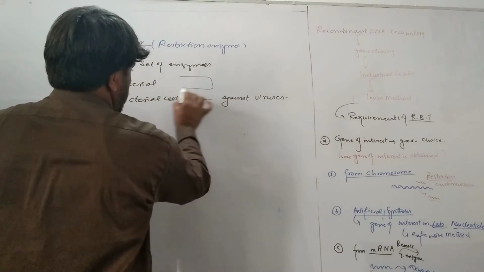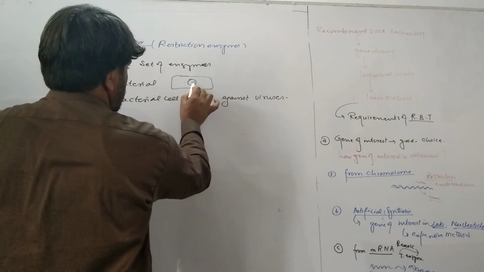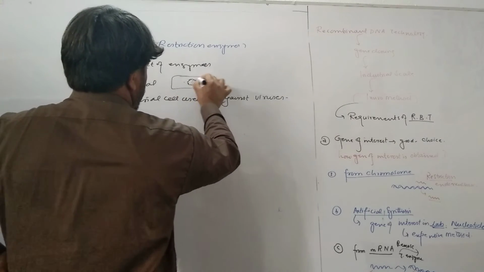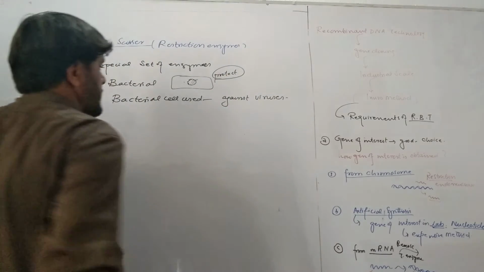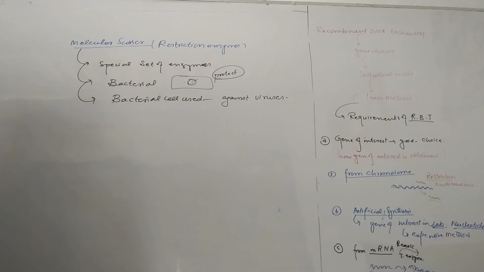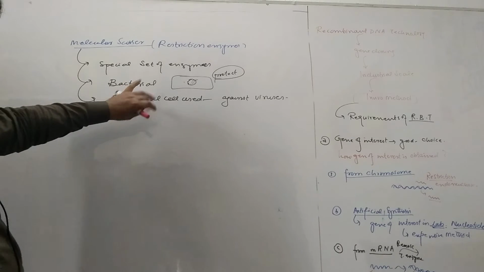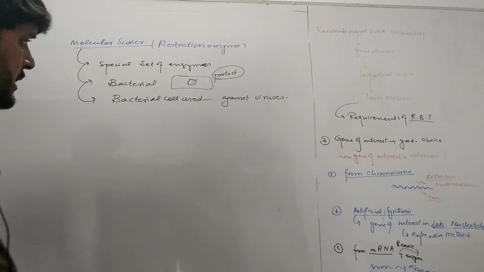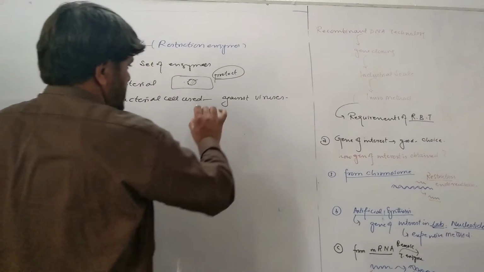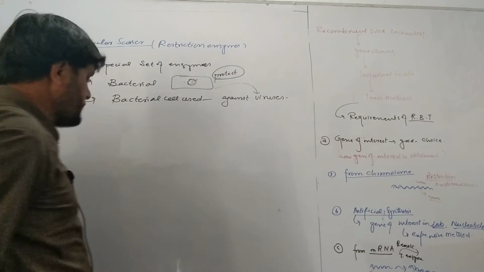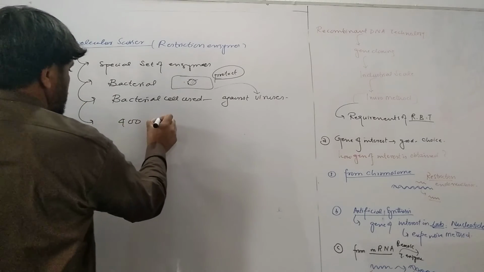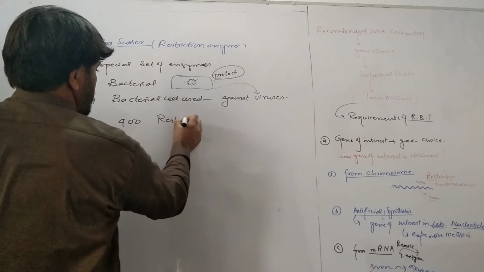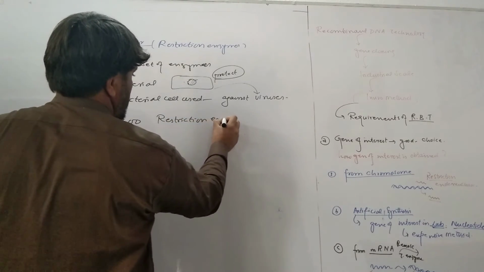Bacterial cells have the ability to protect themselves from these enzymes. Special methods are adopted by these bacteria to protect themselves from the restriction action of these enzymes, which are used against viruses. There are 400 restriction enzymes.